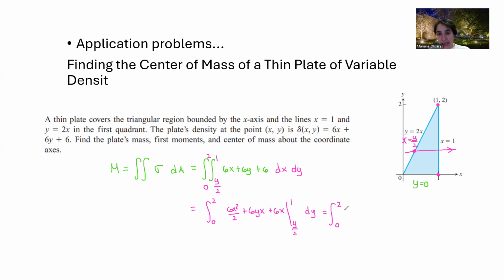We're getting a 3x squared. Now, I'm going to write it here. These two are going to be simplified by a 3. And we're going to have an evaluation of the upper limit, which is this thing here.